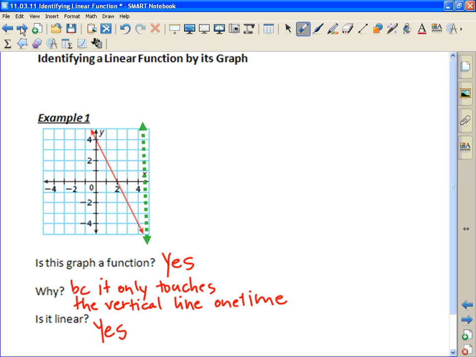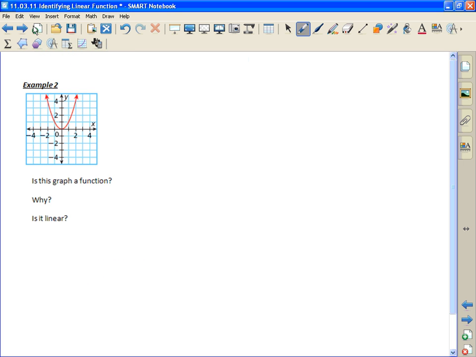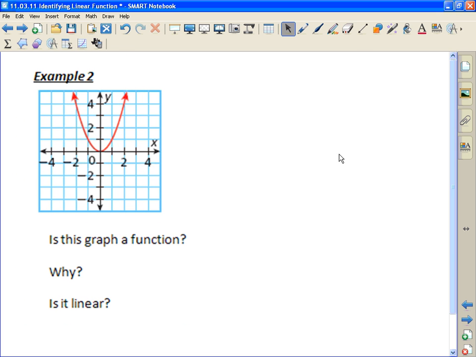Okay, so let's look at example 2. It says, is this graph a function? Same thing. I draw my vertical line, see if it passes the vertical line test, and I can't make the vertical line touch that curve more than once anywhere. So I would say yes, it is a function.